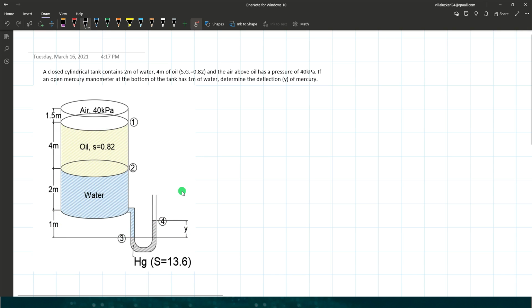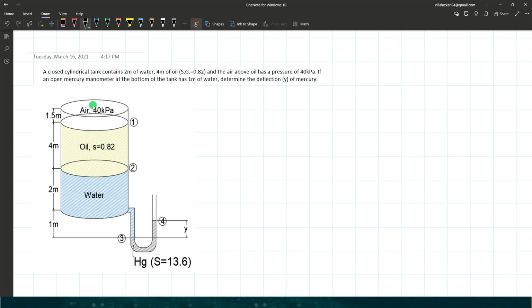Okay, so we have three fluids here: oil, water, and mercury. And above the oil, we have air, which has a given pressure of 40 kilopascal.